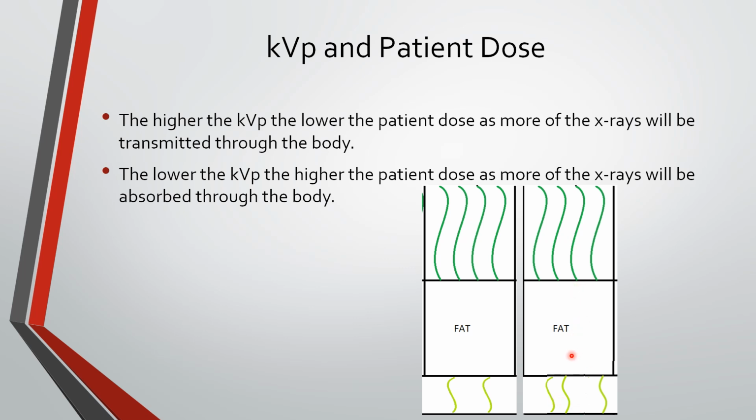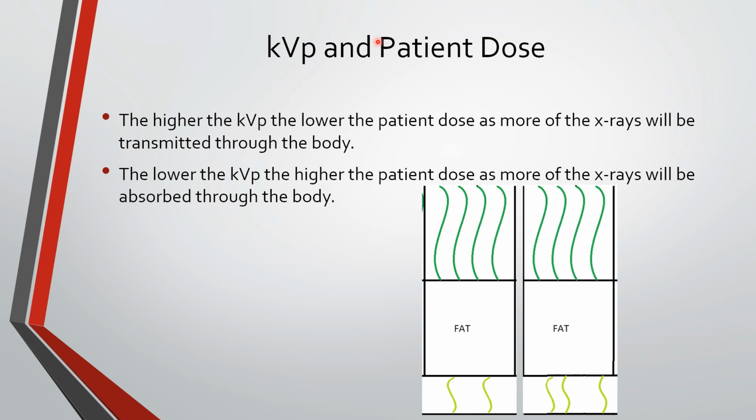Okay, so only one of these 4, in this representation, is being absorbed by the patient. So the patient's only getting that dose of that one. And in this one with the lower kVp, they're getting 2. Okay, so they would be getting twice the dose because they're absorbing 2 of the X-ray waves here.